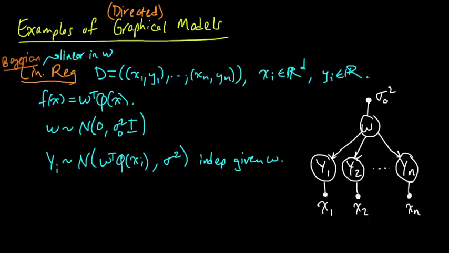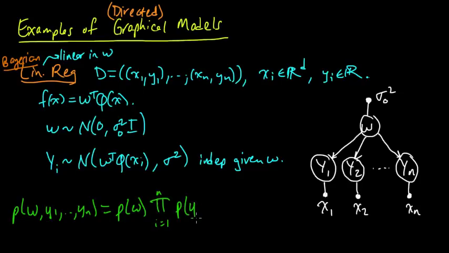Why is this a graphical model for it? Because we can factor this distribution. The joint distribution on W and all the y's, y1 up to yn, factors as the probability of W times the product of the individual distributions, the product of yi given W for each i.